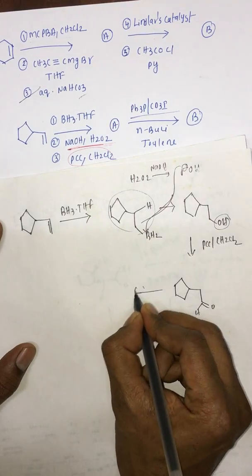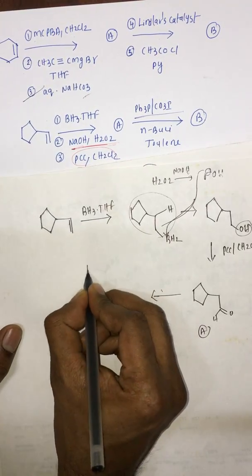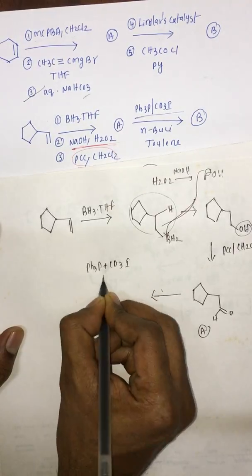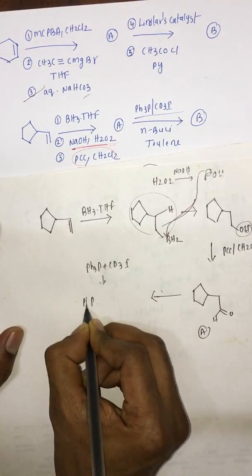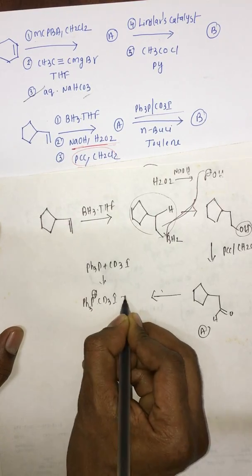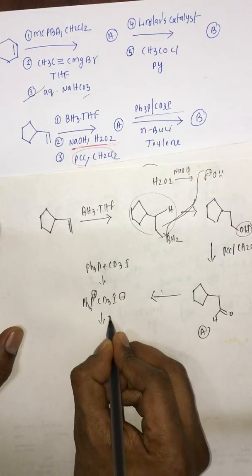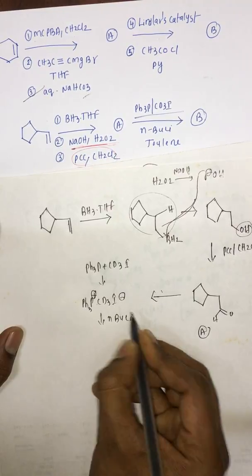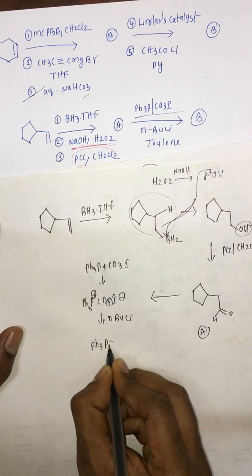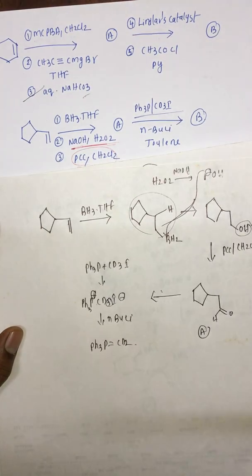In product B we have Ph3P plus CD3I. It forms Ph3P+CD3 I minus, and with n-butyllithium, the n-butyllithium abstracts one of the deuterium atoms, so it forms the Wittig reagent.